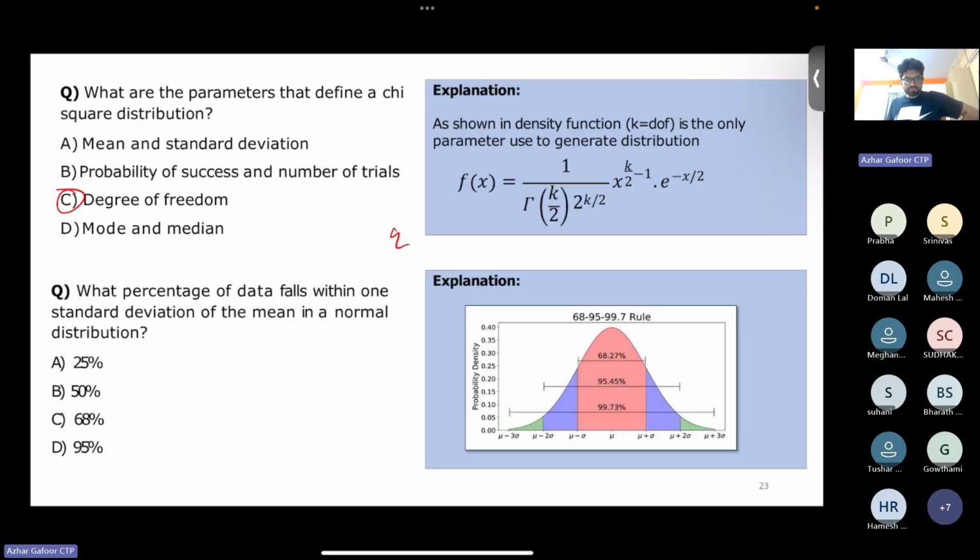Okay, now it's visible. So here we have the mean, and sigma is the standard deviation. So within one standard deviation, what percentage of data will be there? Just looking at the figure, if you can figure it out, please.